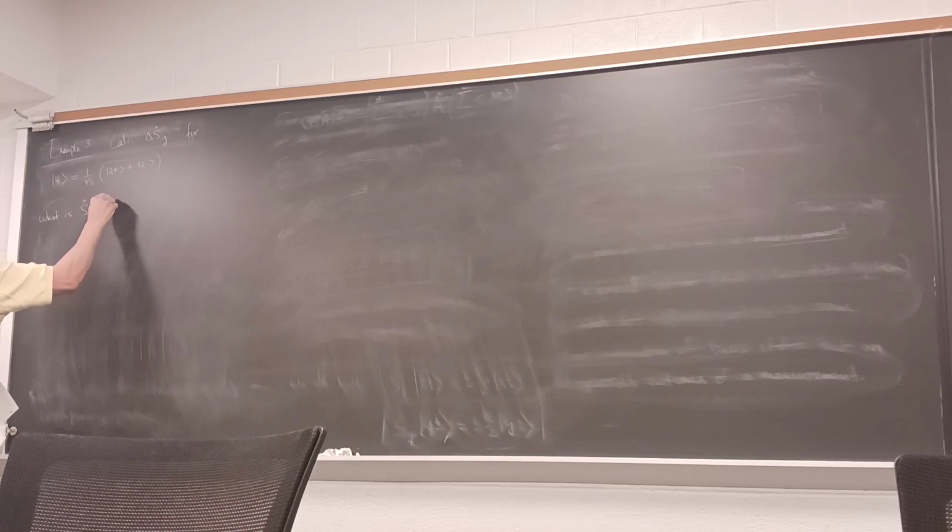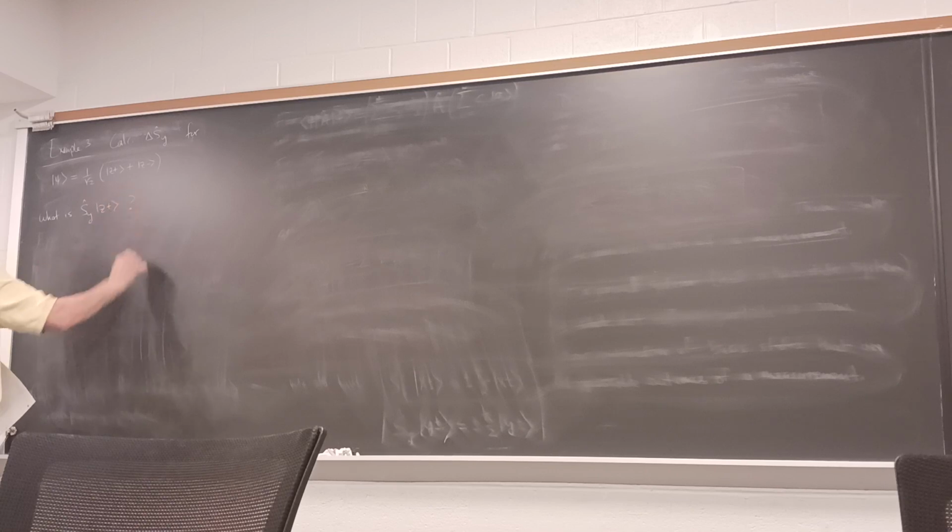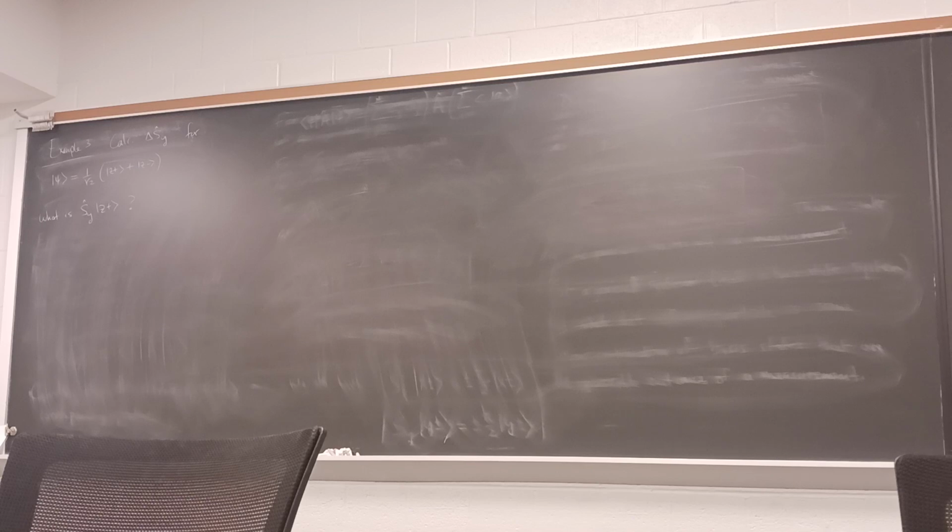Okay, so now we have an interesting issue here. We're going to have to answer this kind of a question, right? What is SY on Z plus? Well, what do I do?